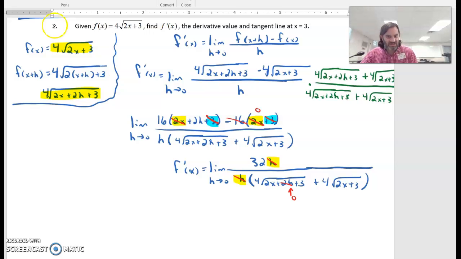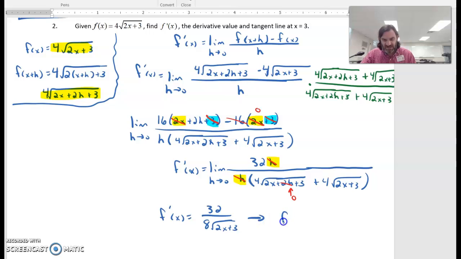So what do we get here? We get that the derivative is 32 on top, and then we'll have 4 square roots of 2x plus 3 plus 4 square roots of 2x plus 3, so that'll be 8 square roots of 2x plus 3.